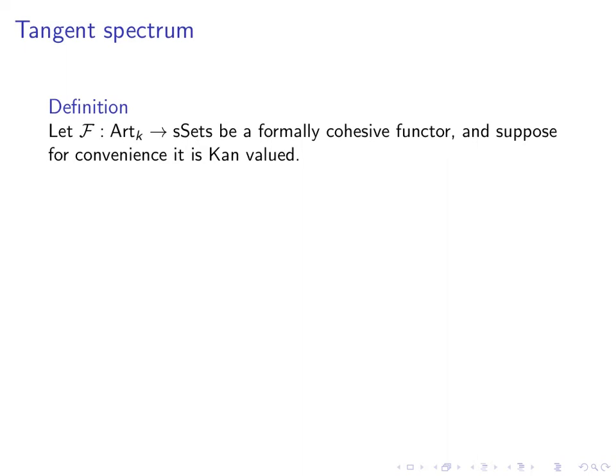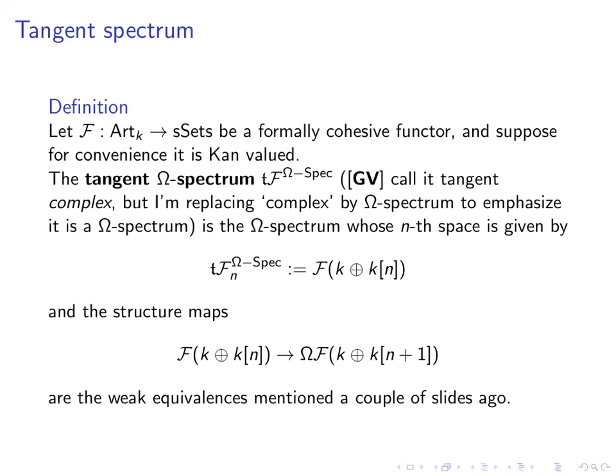But anyway, the tangent omega spectrum is given by taking f and evaluating it at these special Artin simplicial rings, and then the structure maps are what the last slide was trying to motivate, essentially.